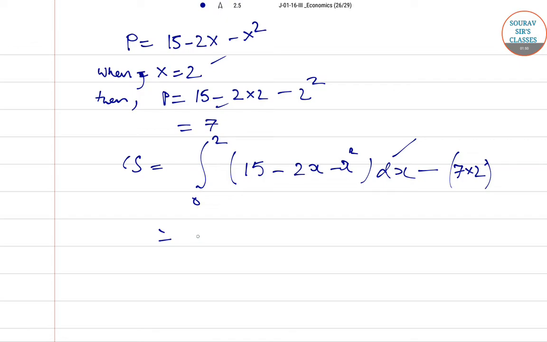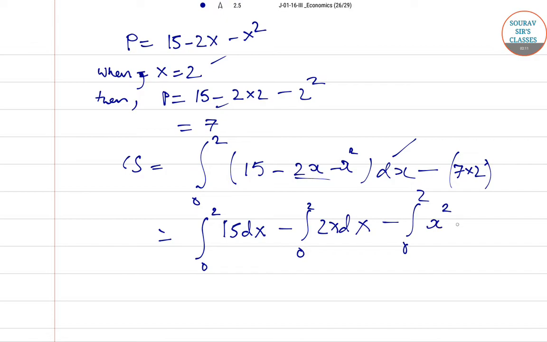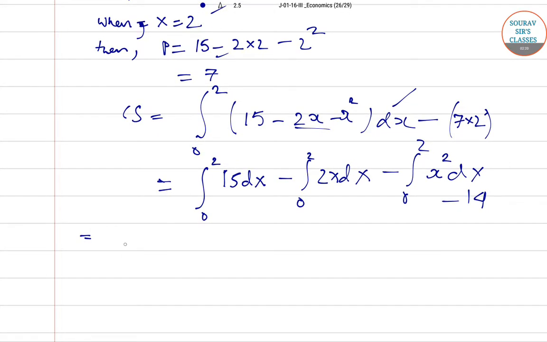Now if we solve it further, we get the integral from 0 to 2 of 15 dx minus the integral from 0 to 2 of 2x dx, minus the integral from 0 to 2 of x square dx, minus 14.